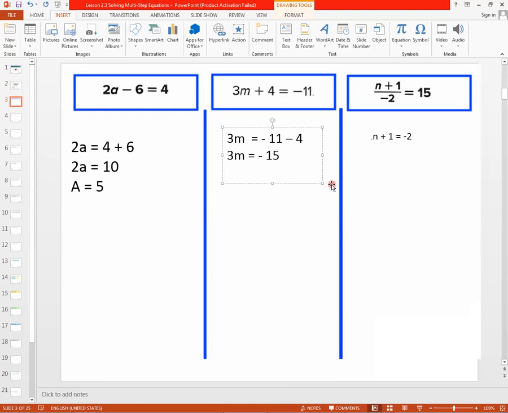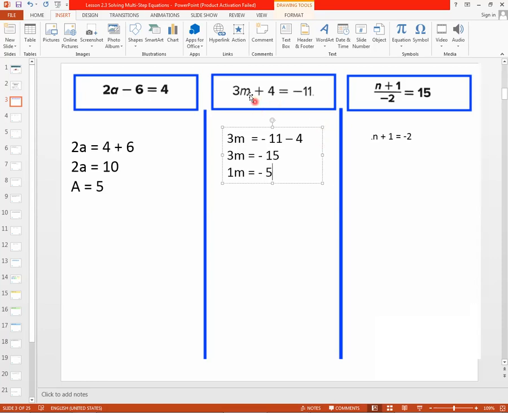Now we have 3. To remove it, we have to divide each side by 3. 3m divided by 3 is m, 1m, okay? And negative 15 divided by 3 is negative 5. So the solution is negative 5.